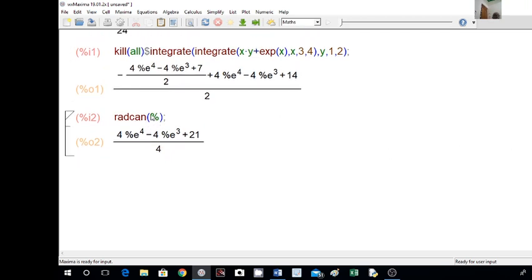Ratsimp percent means just the above result, it simplifies. This is the command to simplify. Sometimes if rational terms are there, you have to try ratsimp also. And if trigonometric terms are there, then you use trigsimp. Okay, so we are getting the answer here. The answer may be in some different form, but they are the same.